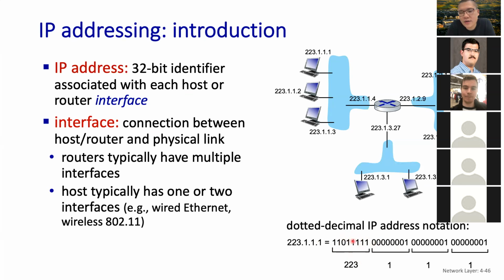IP address here. You can see there are 32 bits, and each group of 8 bits represents a number in decimal, between 0 and 255, so 256 numbers.